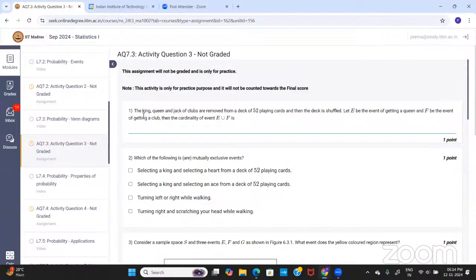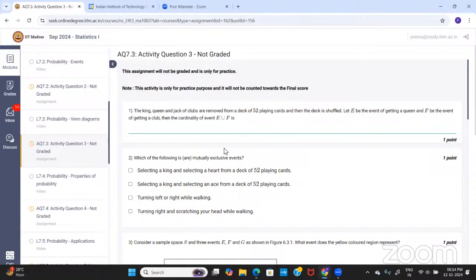The first question is: the king, queen, and jack of clubs are removed from a deck of 52 playing cards, and then the deck is shuffled. Let E be the event of getting a queen, and F be the event of getting a club. Then the cardinality of event E union F is. The cardinality of E will be 0 because the queen is removed, so we can't get a queen.